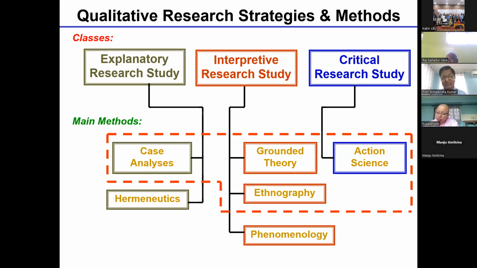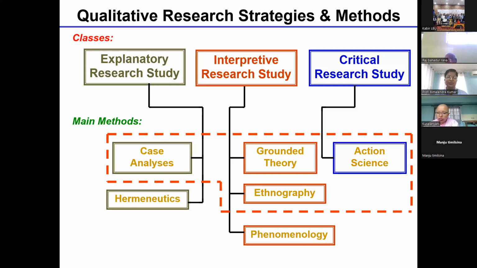Another is case analysis, for example of the status of Buddhists in the northeastern zone of India, such as Sikkim, Bhutan, Manipur, Arunachal Pradesh, Himachal Pradesh, or Leh Ladakh.